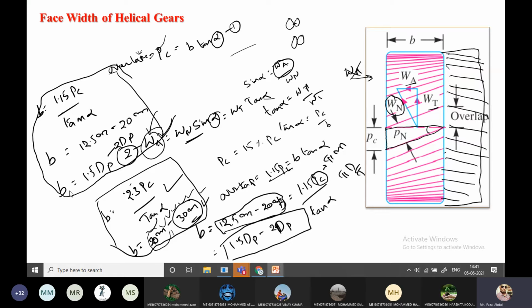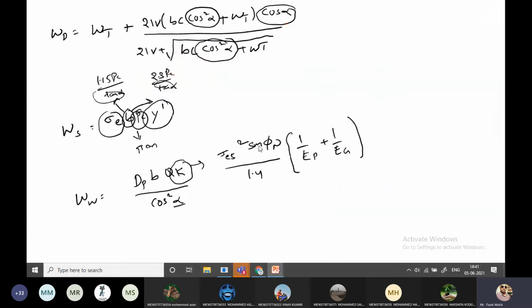Now the third one, in terms of diameter of the pinion, 1.5 pinion to 2 pinion. This is the relation given. So I am selecting this one, B is equal to 12.5 module to 20 module. So we can select 12.5, 13, 14, 15, 16, 17, up to 20 module. That is your wish, Babu. There is no rule to select particularly 12.5 or 20 module like that. Okay. So I am selecting 12 module.